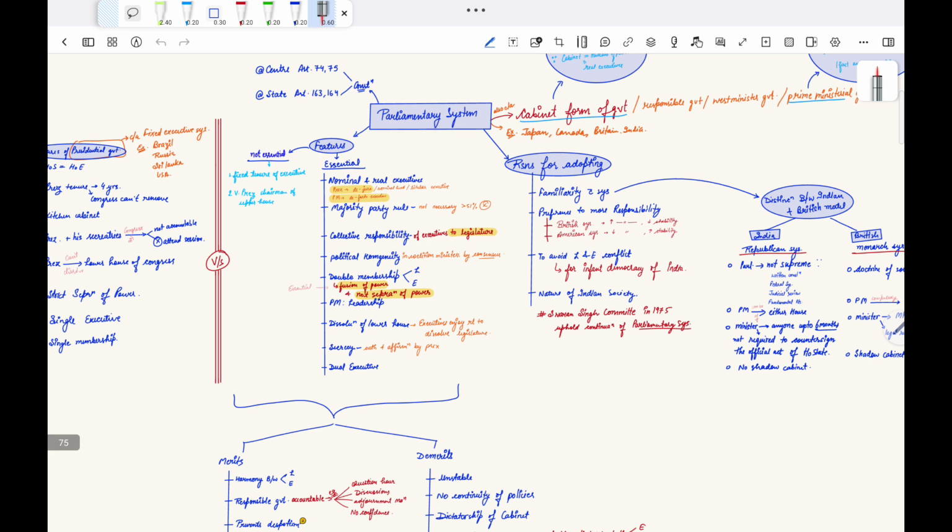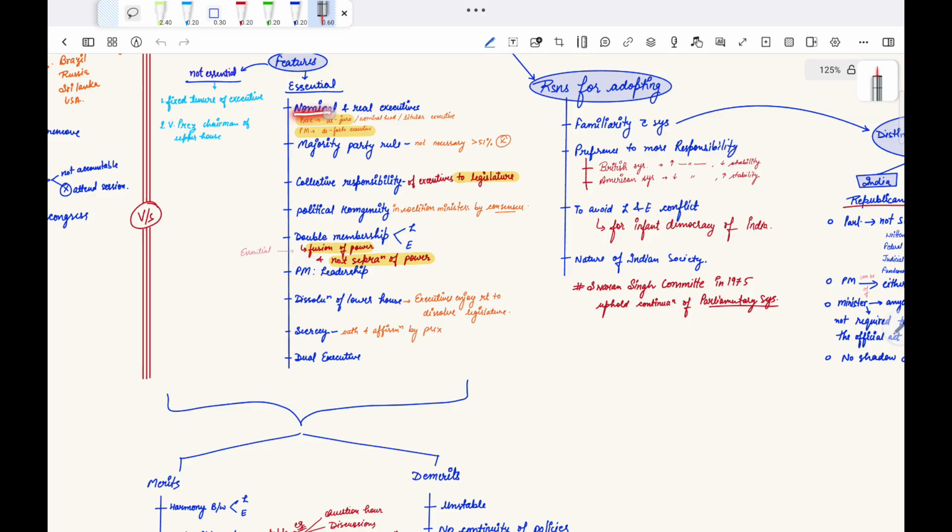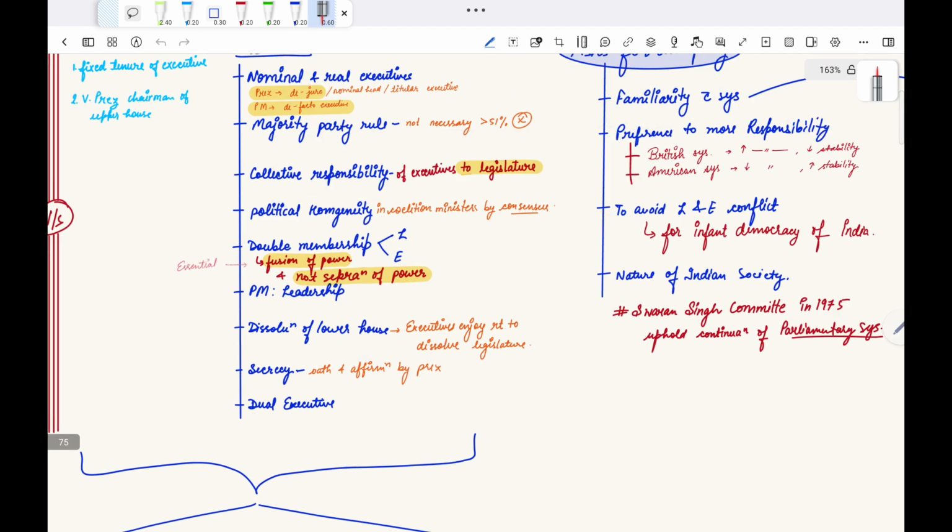Talking about features, the essential features are nominal and real executives. The real and nominal executives are different in the parliamentary system, where the nominal head is basically the president, the de jure nominal head, or titular executive, the word titular coming from title.